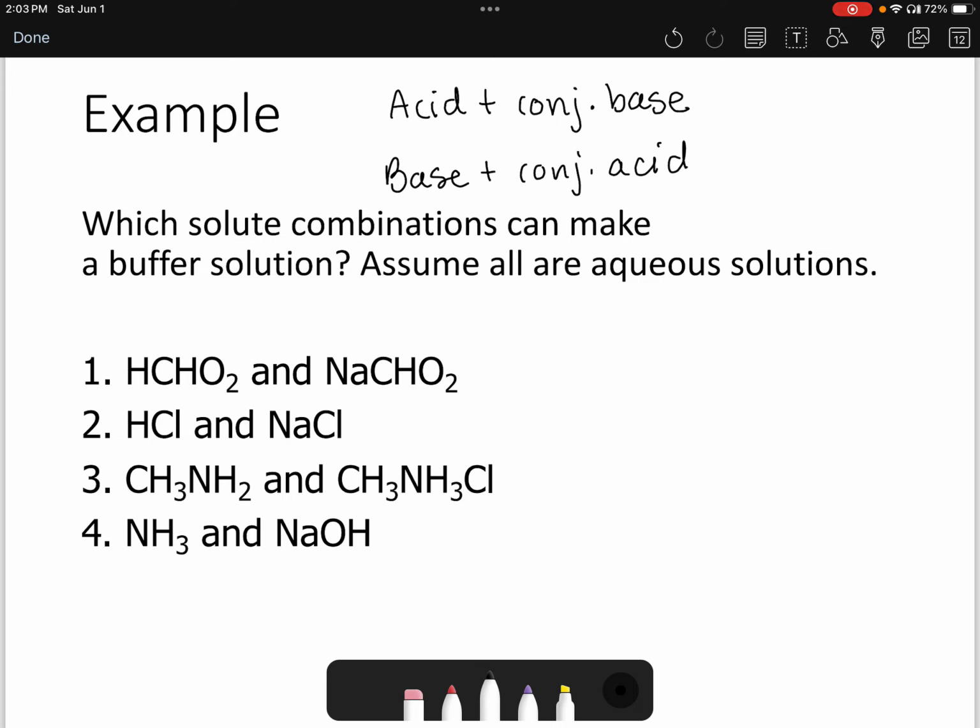We have HCHO2 and NaCHO2. So right away, I'm noticing that we have the conjugate base of our acid. So this Na here is just kind of taking the place of a hydrogen, and we're forming an ionic compound.